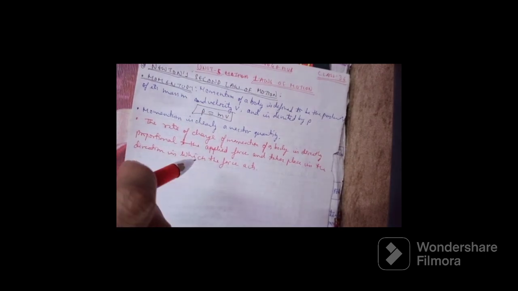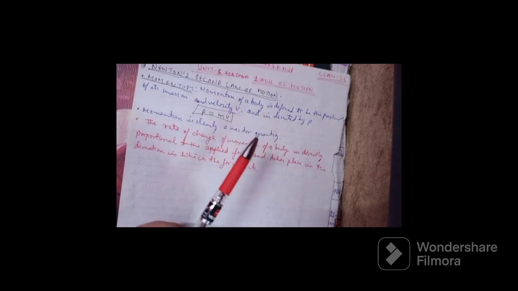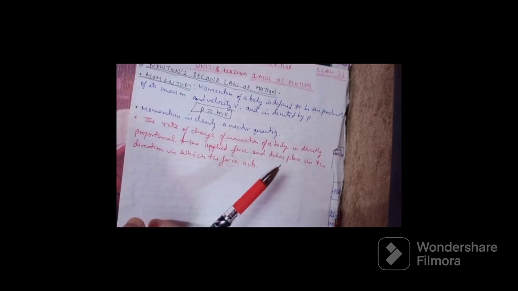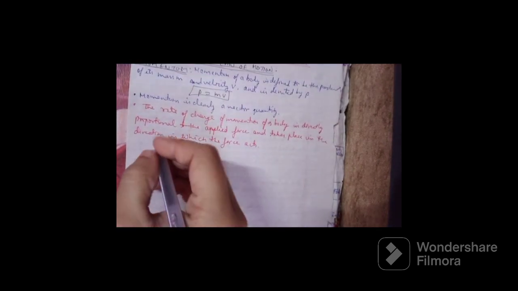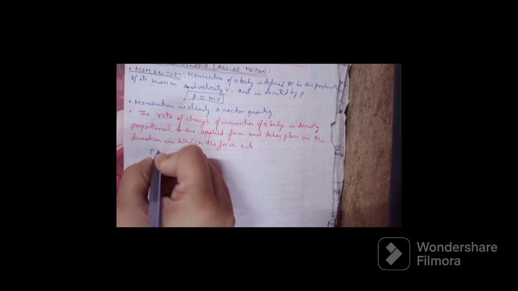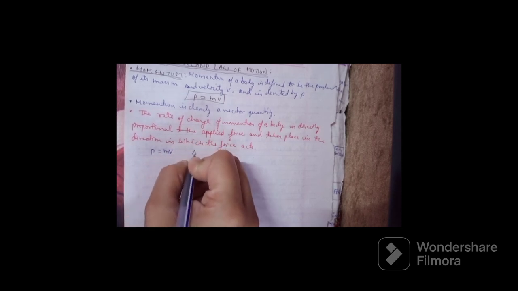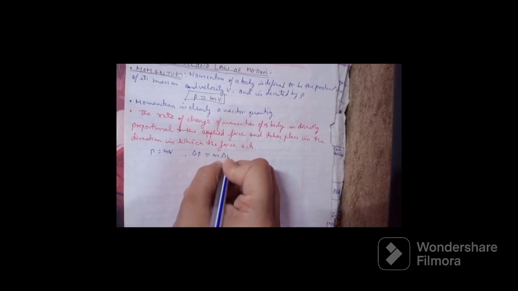Thus, if under the action of force F for a time interval delta t, the velocity of a body of mass m changes from v to v plus delta v, the initial momentum p equals mv changes to p plus delta p, with delta p equal to m delta v.